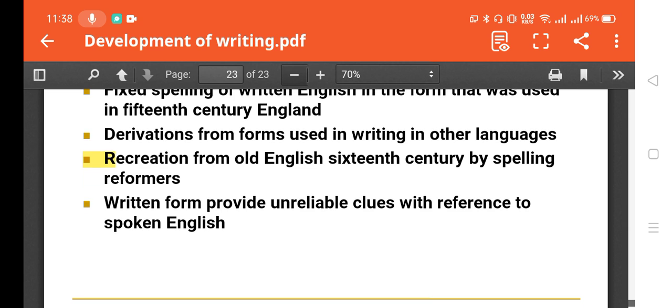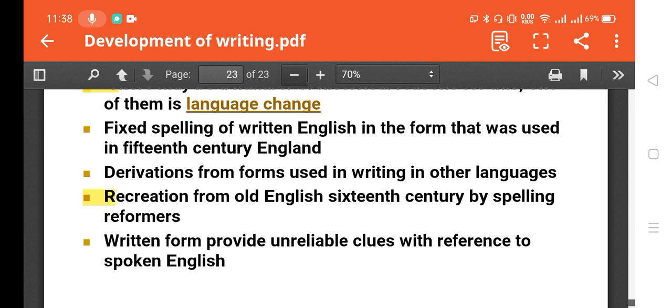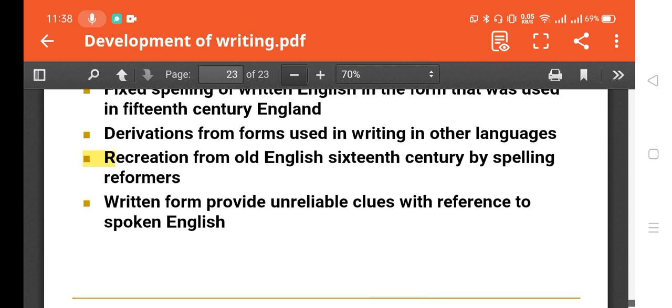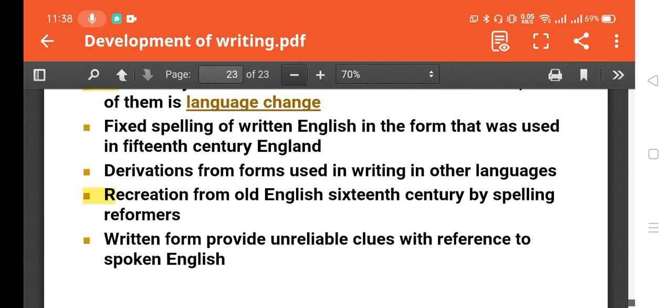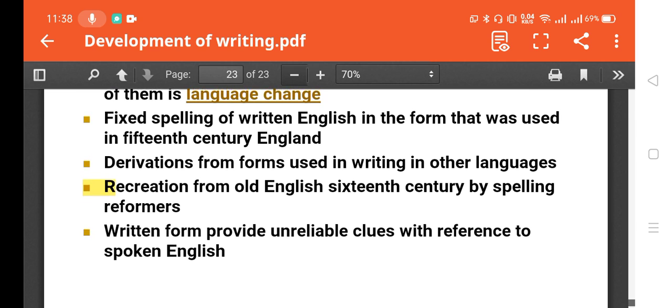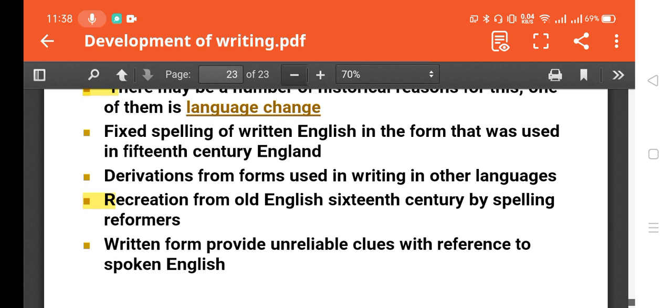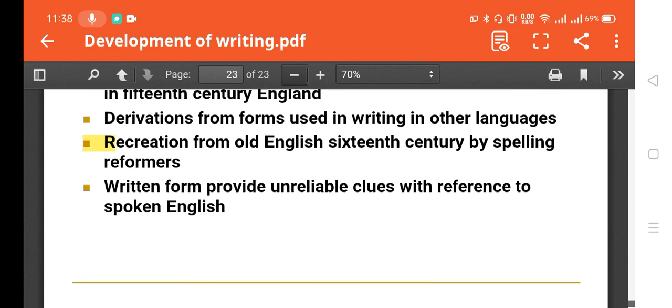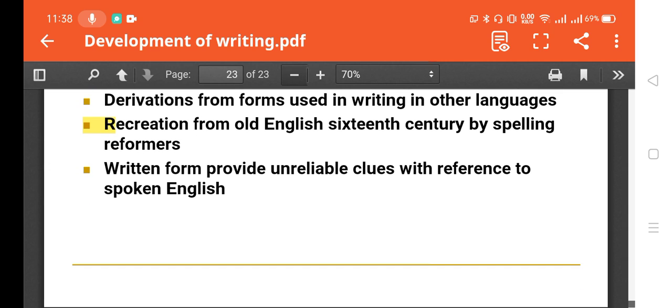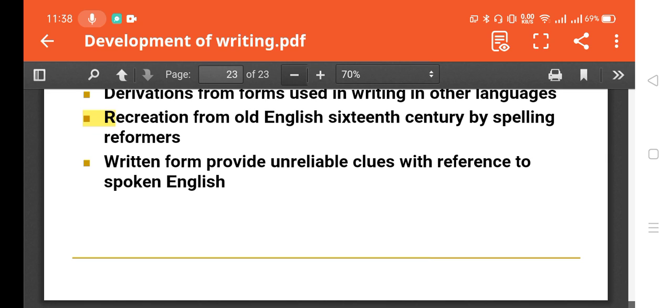Probably I'll make a separate video on language change as well. Another video is available on my channel, on the difference between Old, Middle and Modern English. So the written form provides unreliable clues with reference to spoken English.